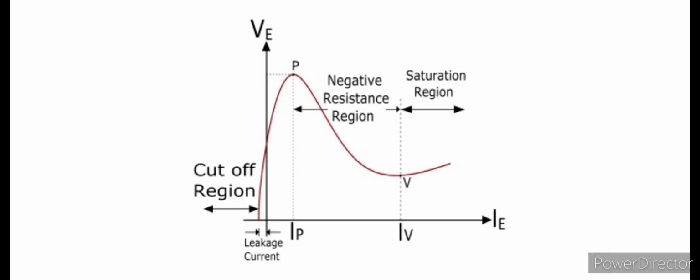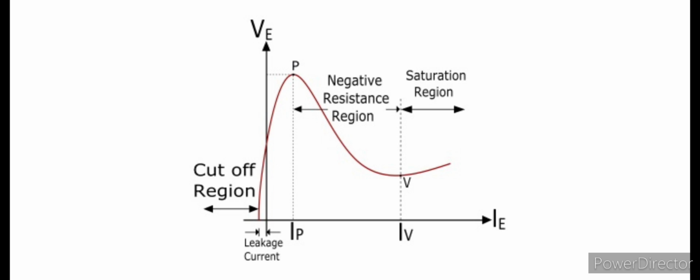Now, after understanding the working of UJT, let us understand the emitter characteristics of UJT drawn at a particular value of VBB. First, when you increase the emitter voltage from 0, we know that the device maintains its reverse biased state, so a small leakage current due to minority charge carriers flows from terminal B2 to emitter.